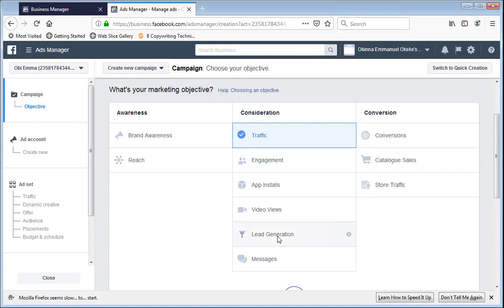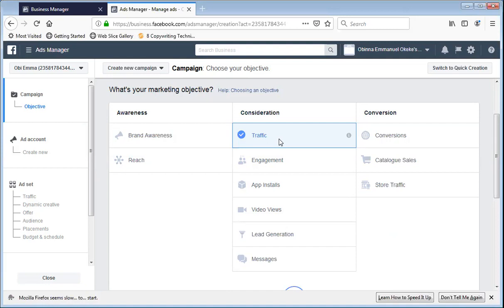You could also choose lead generation, almost the same as running a traffic ad. In this case, you want to generate leads. Lead generation simply means you are giving something in exchange of their details. Just like I said, if you are running a traffic ad, you want to get people to your landing page. Perhaps you are offering them maybe a free ebook or a free webinar or a free video training, something that you offer them in exchange of their name and their email address.